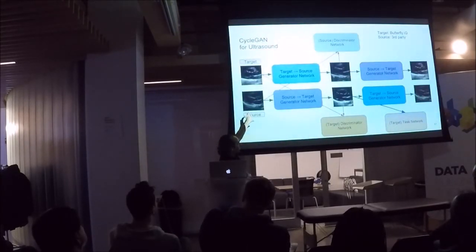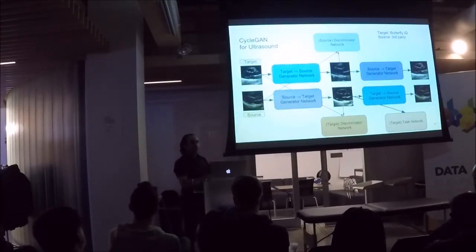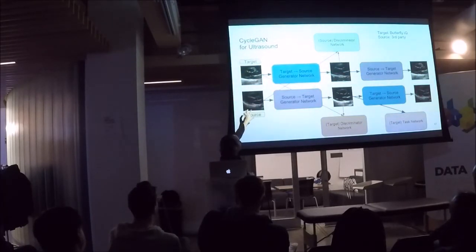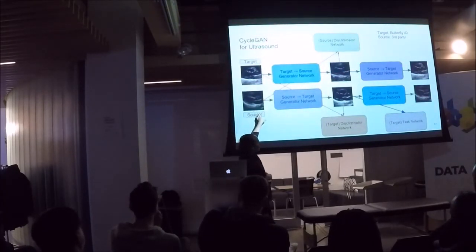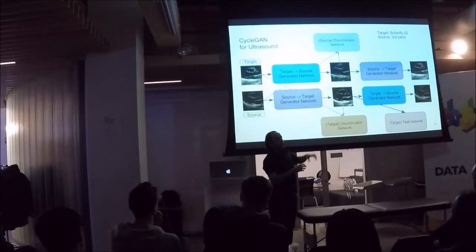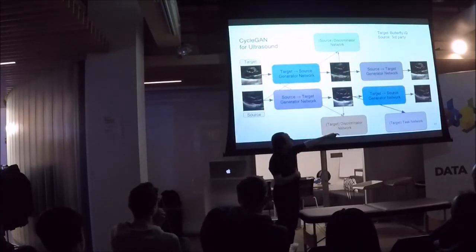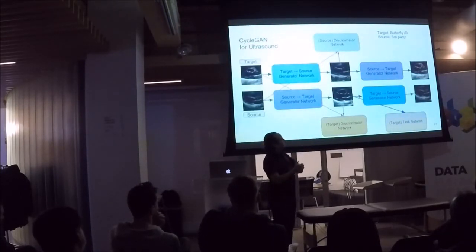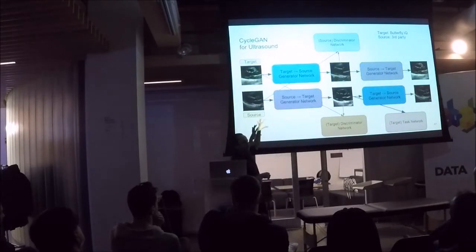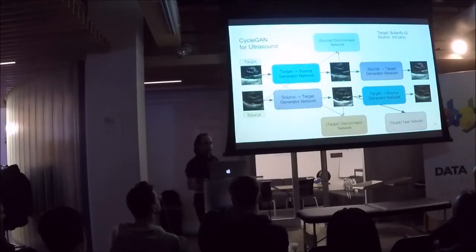So remember, the target domain does not have a lot of labels. The source domain does. So once we take the source images and make them look like target images, we can now train a classifier on those fake target images because we have all those labels in our source domain. Make sense? It's a little bit confusing.